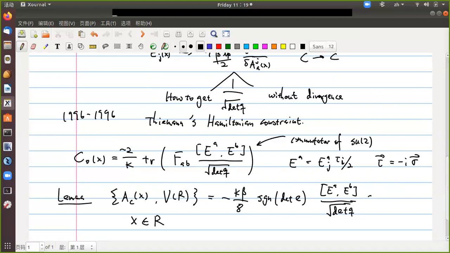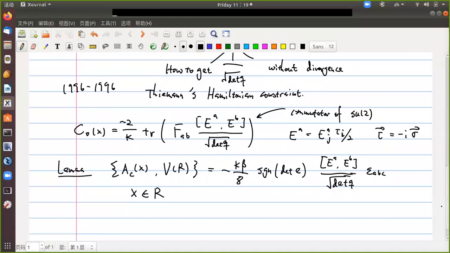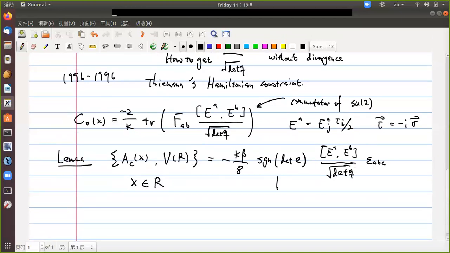E is epsilon ABC. Okay, so here you get E^A_J equals the square root of determinant Q times e^A_J.